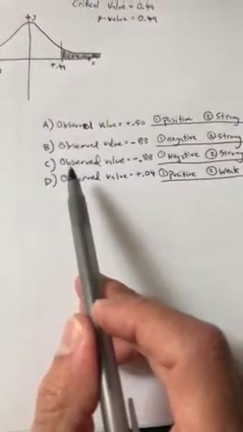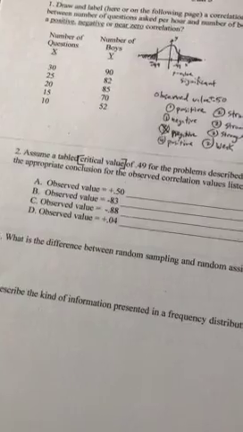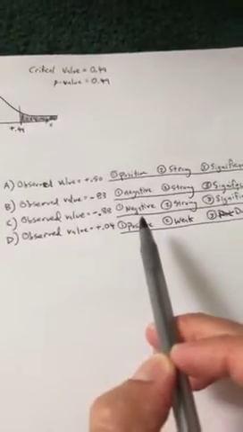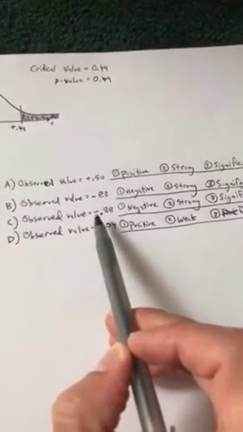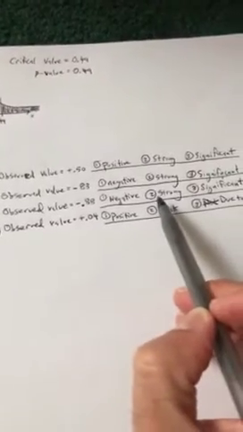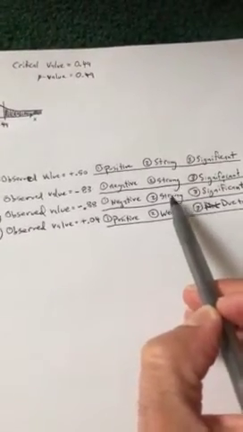Okay, let's do it again. It asks, observed value negative 0.88, right? Observed value negative 0.88. Is it negative? Well, of course. There's a negative, so I wrote down negative here. Number two, is it strong, moderate, or weak?